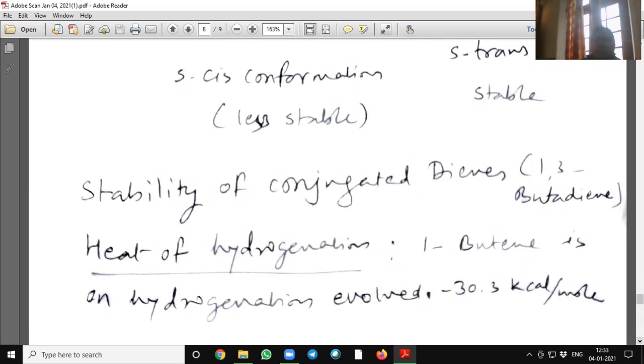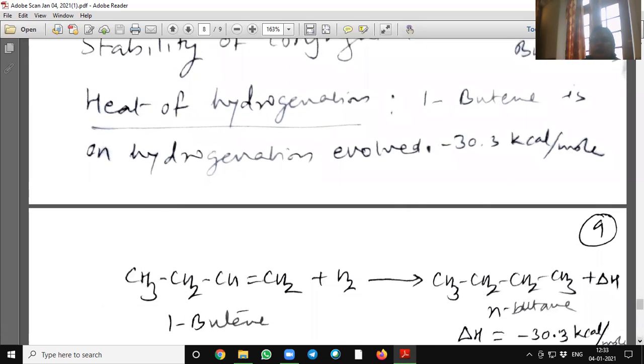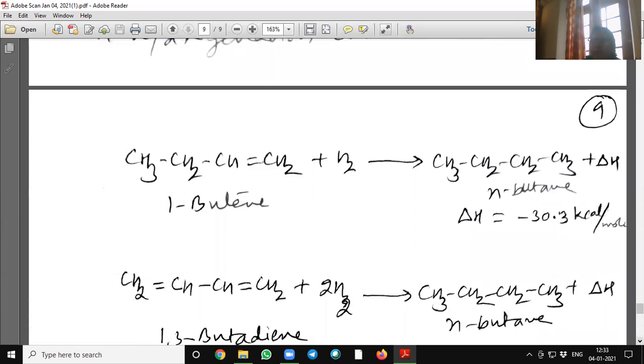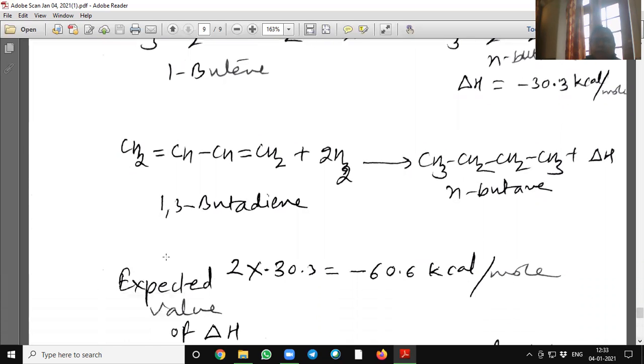We can calculate the stability of conjugated dienes also. Heat of hydrogenation, especially of 1,3-butadiene. On hydrogenation, 1-butene evolves minus 30.3 kilocalorie per mole, right? So 1,3-butadiene has two double bonds, so the expected value will be 60.6 kilocalorie per mole, 2 times.